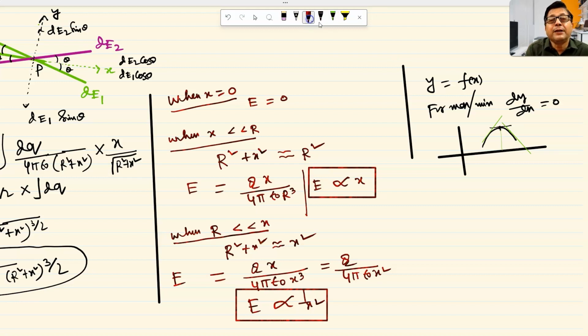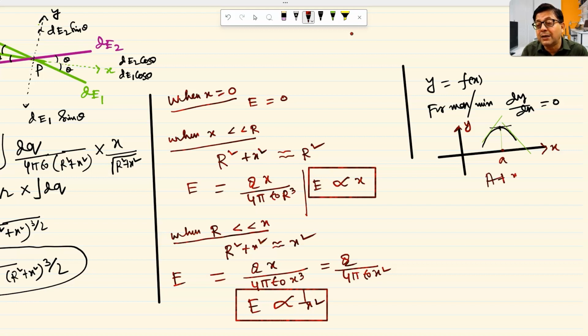So what is happening at the point of maximum? At this point, x equal to a, say it has maximum value. At the point of maximum, dy by dx changes sign from positive, it is positive slope, theta is acute, to negative slope.